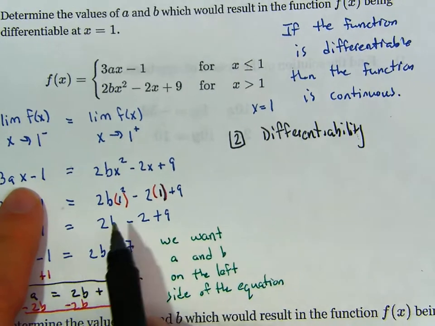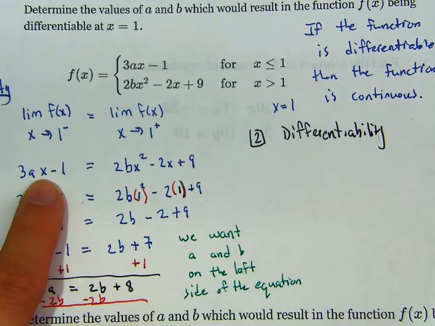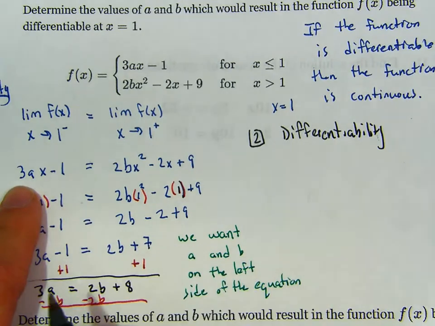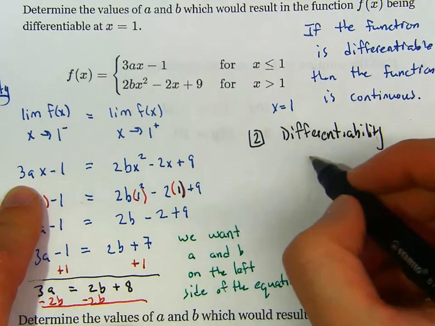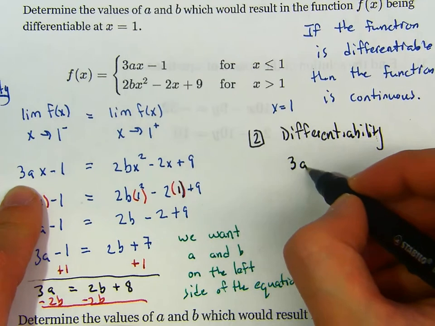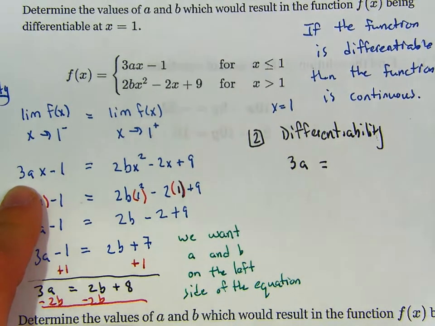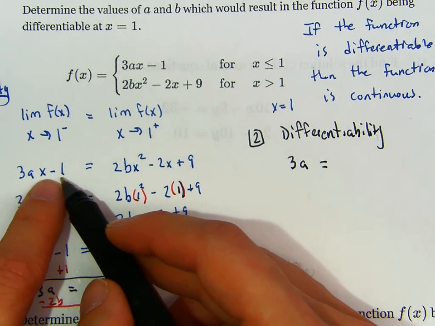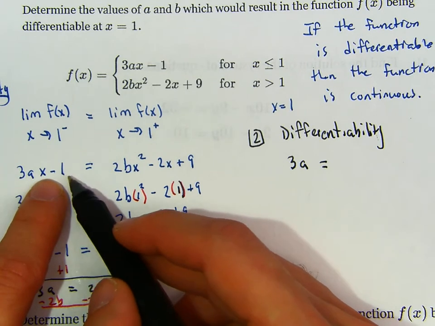So notice, you see how this 3ax minus 1 represents the left side? What would be the derivative of 3ax minus 1? It would just be 3a, because here this x part cancels, and the derivative of negative 1 is 0.